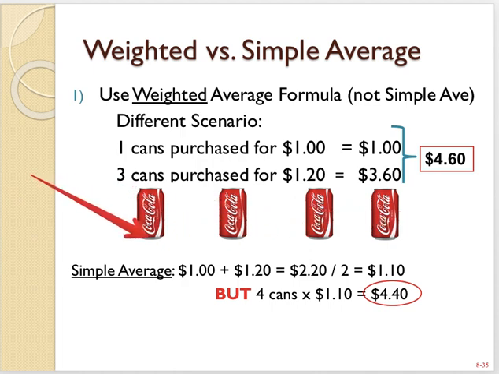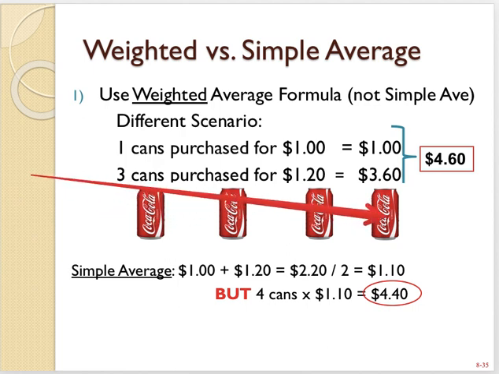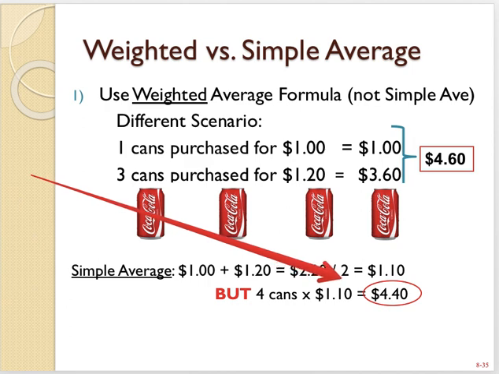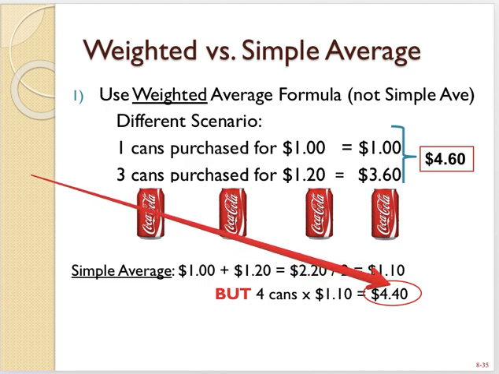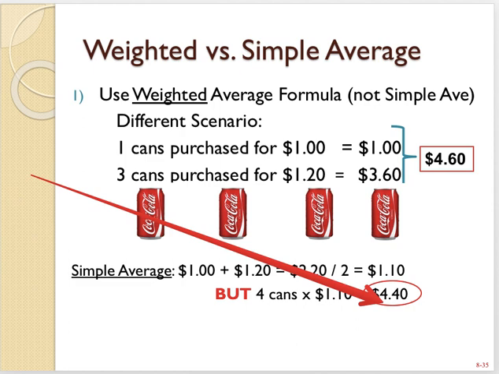If you go back and put that cost value of $1.10 on each of these 4 cans, you have 4 cans times $1.10 equals $4.40. But that's not our total goods available for sale, right? Our total goods available for sale was $4.60, not $4.40.